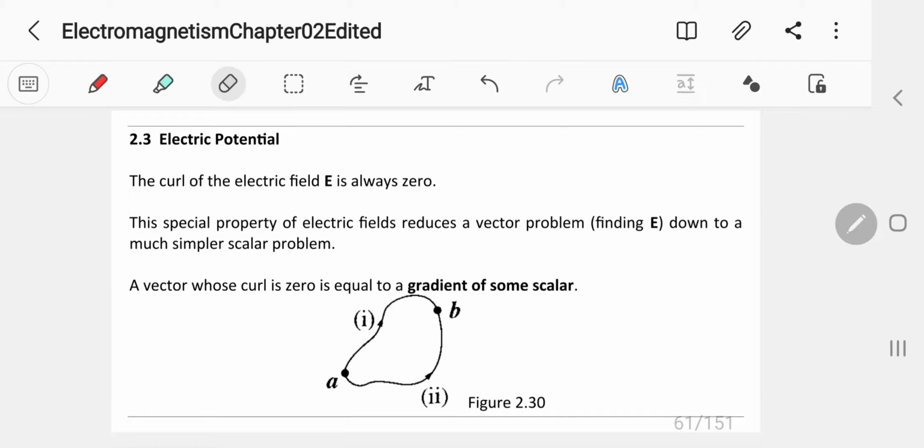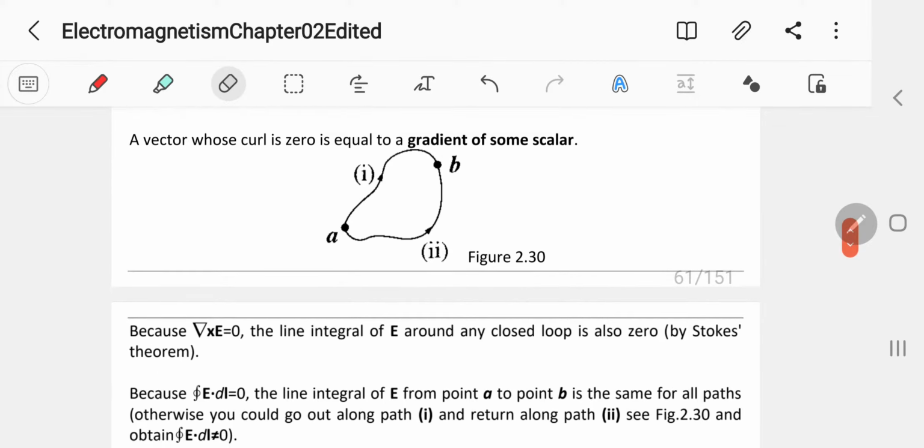So a vector whose curl is always 0 is equal to a gradient of some scalar. We have learned that from lectures 1 to 6.